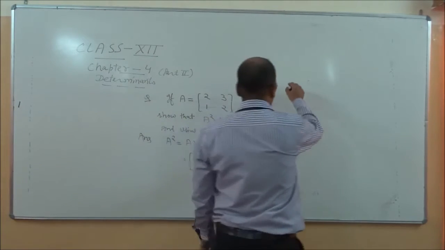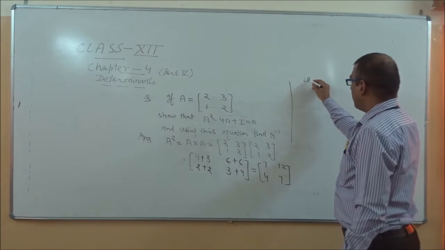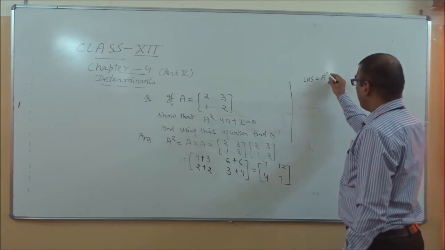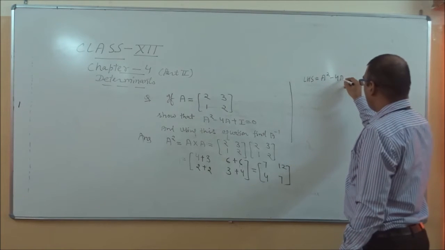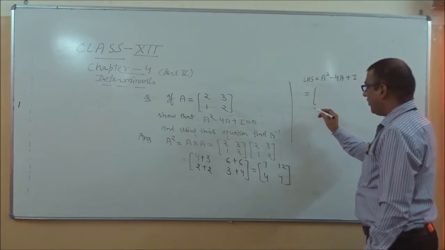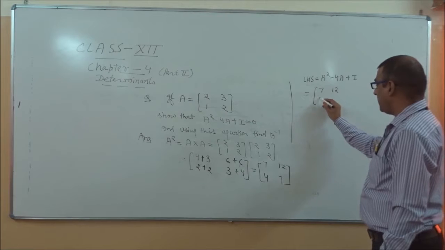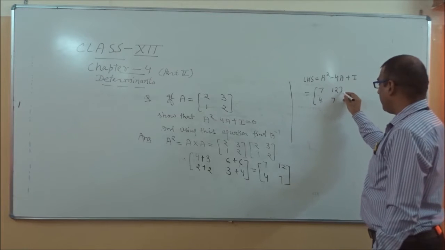After this we will solve the LHS part. The LHS part is A square minus 4A plus I. So we will put the value of A square, 7, 12, 4, 7.